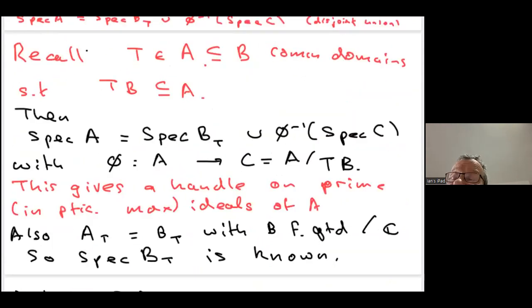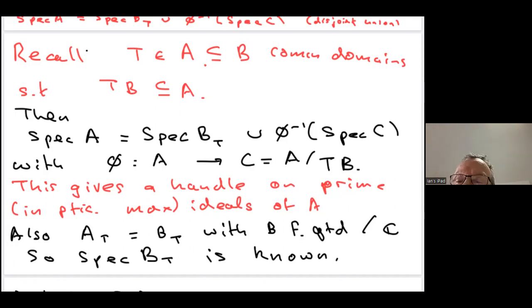This just wants to summarize again what I said. t is an element of A. A is a subring of B, such that tB is contained in A. Then you have this disjoint union of spectra, and this is what gives you a handle on prime ideals of A and in particular maximal ideals of A. Now, the localization of A at t and B at t are the same, and B is finitely generated over the field.